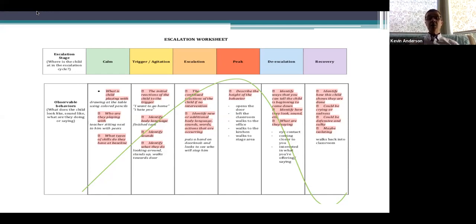For many young children, this could be hitting or scratching or biting. They may throw themselves down on the floor. There are so many different behaviors that young children in particular can engage in that can be seen as unsafe or challenging. So think about what it looks like for you or for your child when they engage in that behavior.